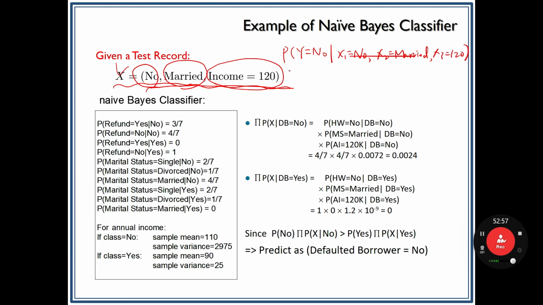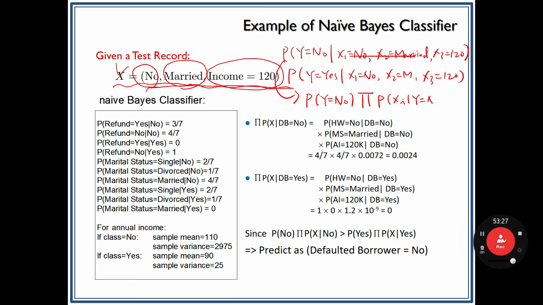We also have to find the probability y equals yes given x1 is no, x2 is married, x3 is 120. How do we find this probability? It is the multiplication of the probability y equals no and the product of x_i given y equals no.